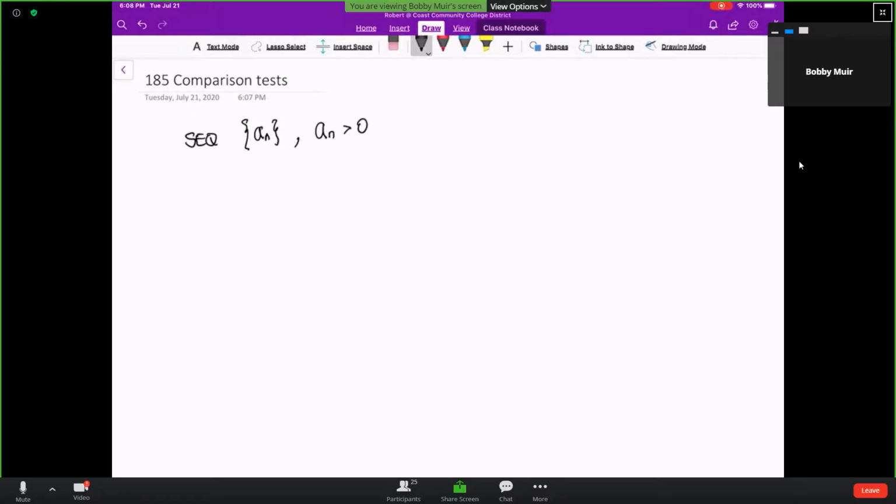Okay, and what we discovered was that if a sub n is given by this function, then the limit as x tends to infinity of f of x is the same as the limit as n tends to infinity of a sub n.